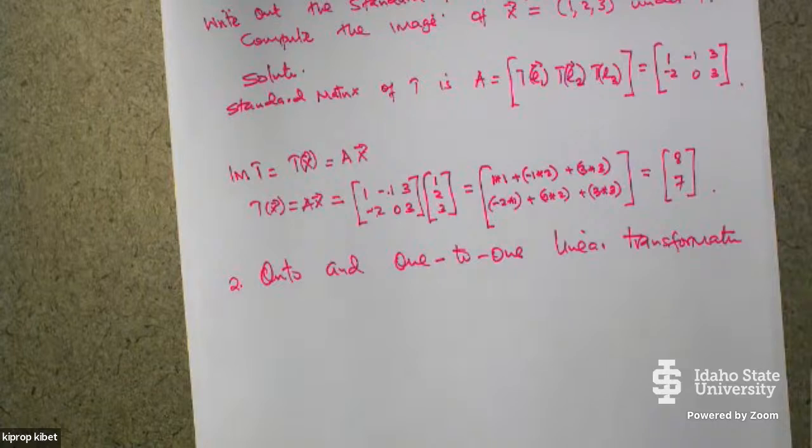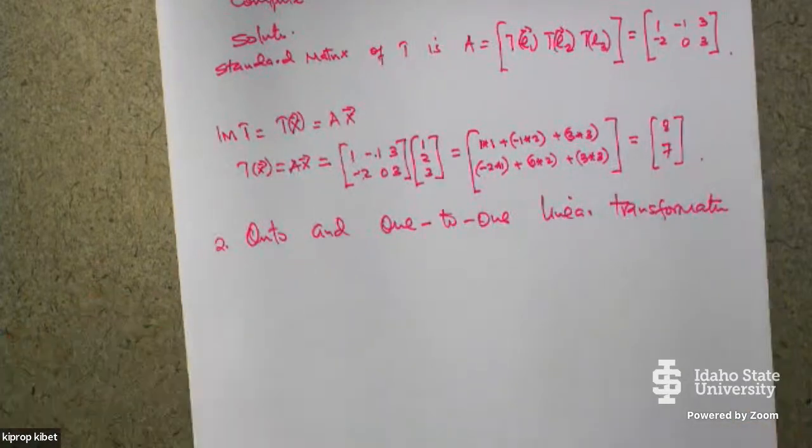So anyways, you have done onto, right? And then you've done most of the mathematics. So let's see what is this onto and one-to-one when it comes to linear transformation.